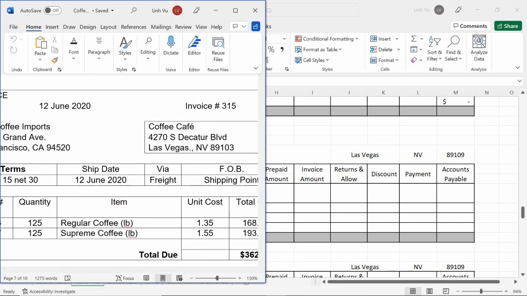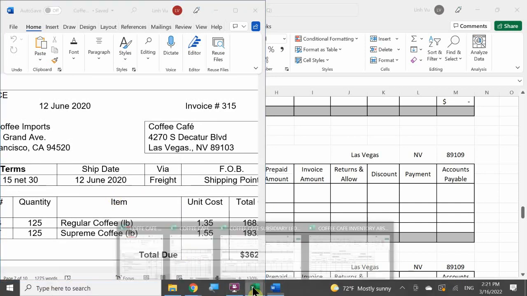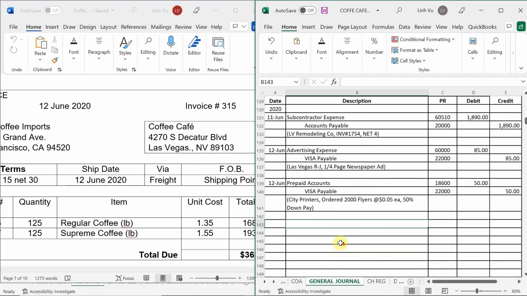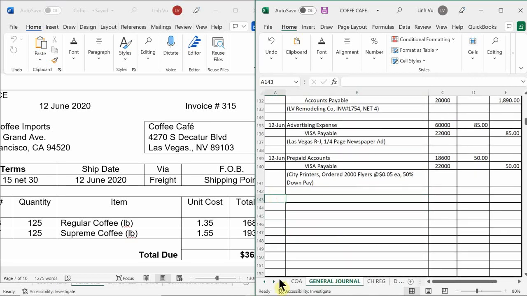So in this case, I bought perpetual inventory. How do I record my perpetual inventory? Not purchase expense, that's periodic inventory.